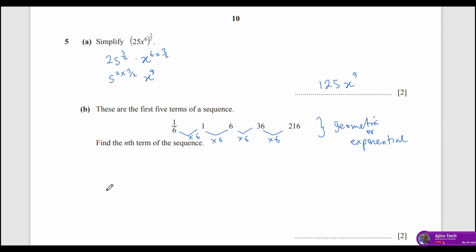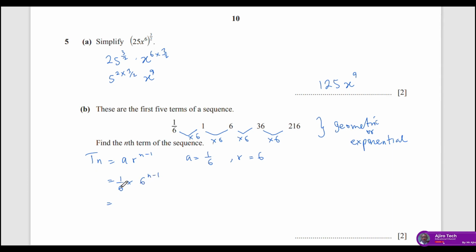So the formula is Tn equals a r raised to power n minus 1. A is the first term, a equal to 1 over 6, and r is the common ratio. What is multiplying it is 6. So the nth term is 1 over 6 multiplied by 6 raised to the power n minus 1.